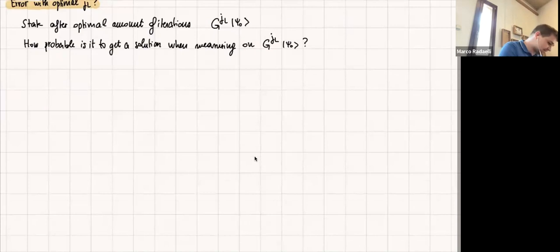So how do we compute this? Any ideas on how to do this?